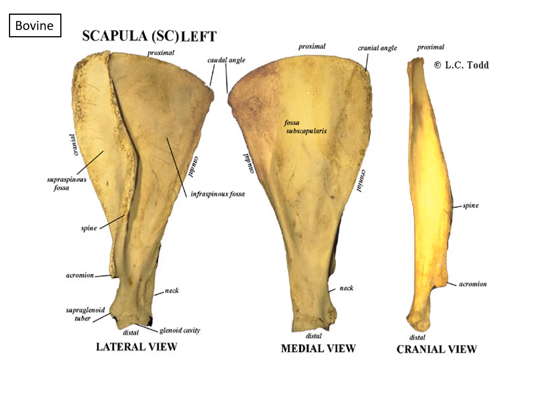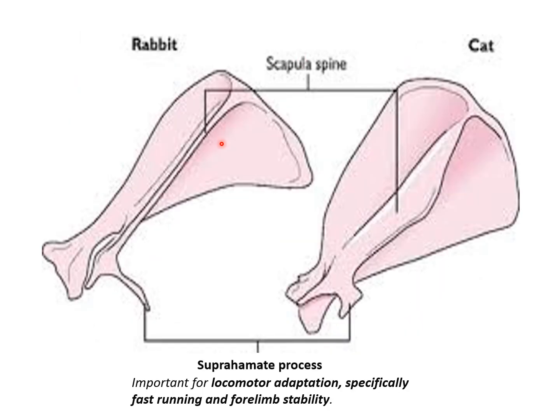Now let's see that of the rabbit. Now, from what we have here, apart from the acromion processes, okay, there is an additional lateral and caudal projection of the spine of the scapula. And these additional projections or processes are called suprahamate process.